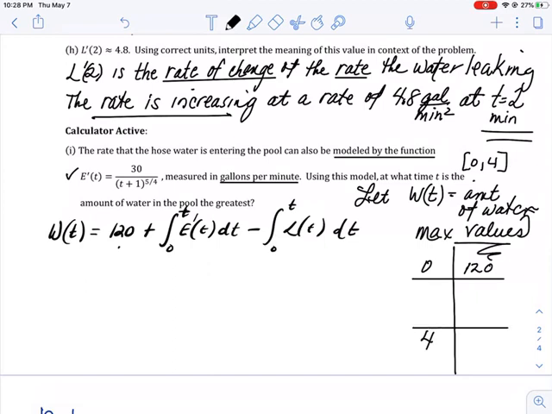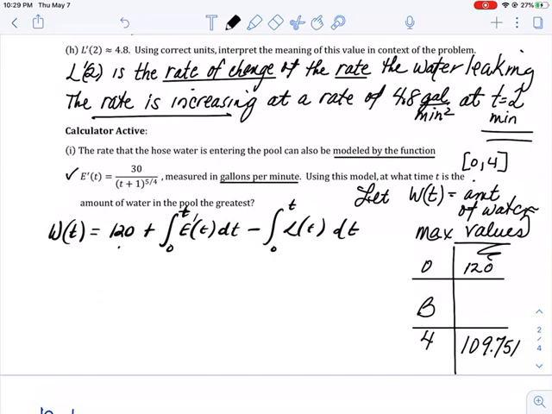At time t equals 0, we have 120. At time t equals 4, we have 109. I'm going to leave it up to you to figure this out because you're just going to use the integral of the expression that you see. And you can use a calculator to get these values, 1097.71. So there's some time in between, and we're going to call it B, where we find our max.